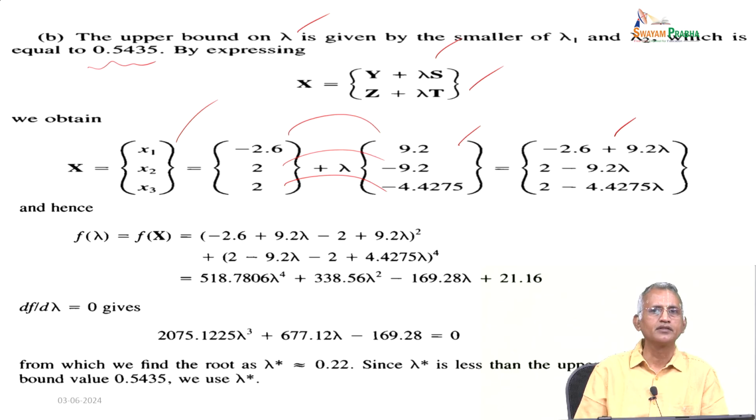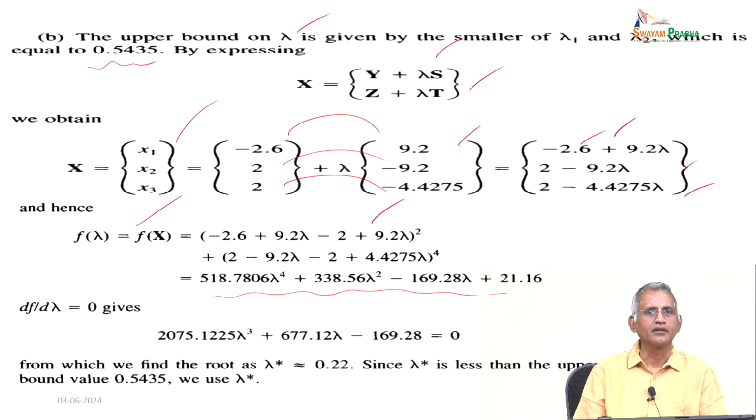So, from this, f of lambda equal to f of x, which is equal to (minus 2.6 plus 9.2 lambda minus 2 plus 9.2 lambda) the whole square, and so on, because x1, x2, x3 you know, substitute in the given function and then simplify. You have a biquadratic in lambda.